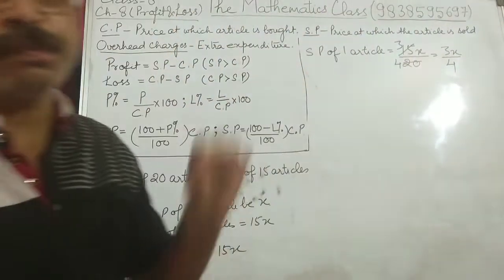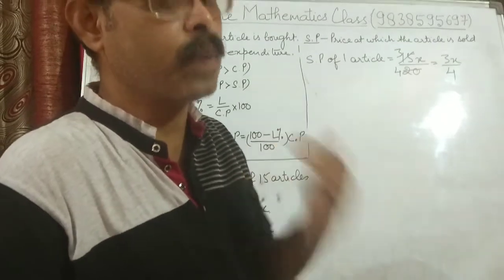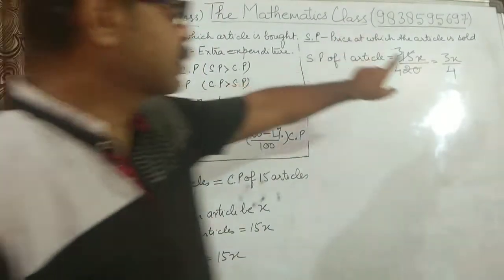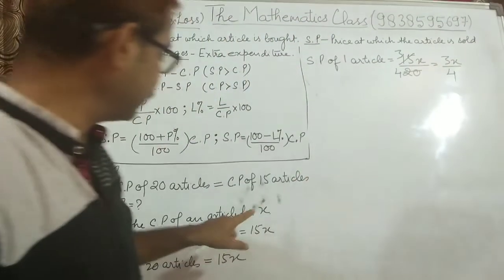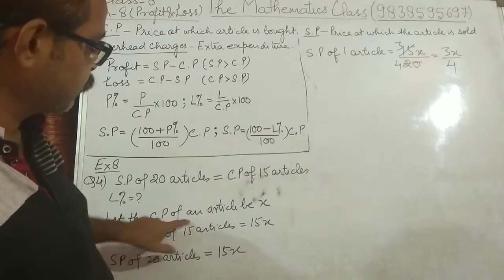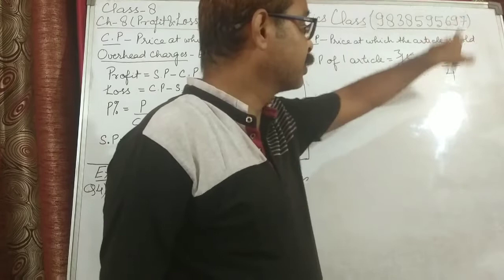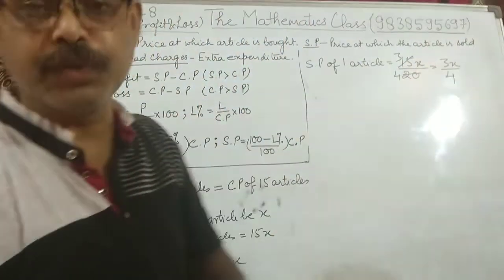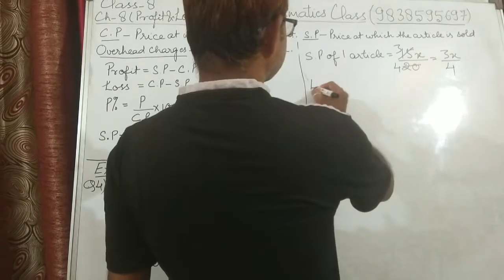You know that 3 upon 4 is always less than 1. It means selling price of one article is less than the cost price of one article, because here we have assumed cost price of one article be x, and here selling price of one article is coming 3x upon 4, that is less than x. It means there is a loss.